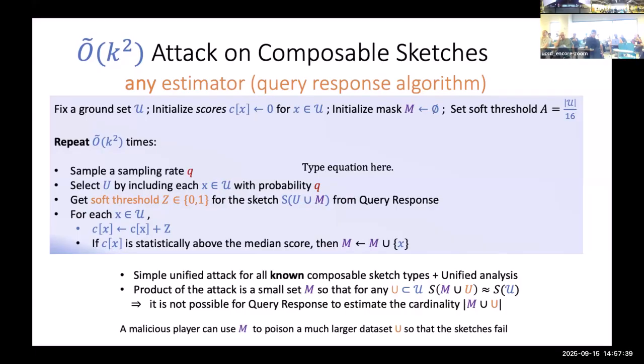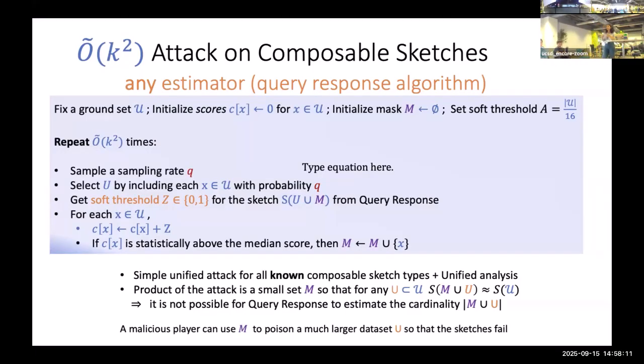And the idea is that we sample with this probability Q, and then we construct this mask that is going to contain the high priority keys. And what will happen is that we always ask about the sketch of U union with the mask, and then we get the 0, 1 response.